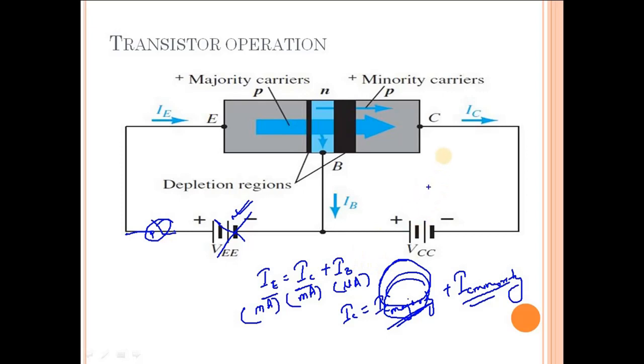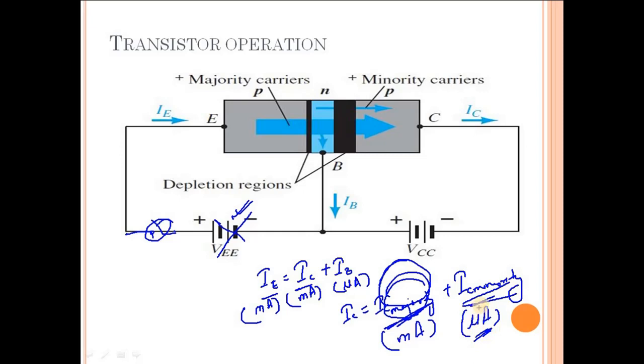So hence we can say this IC is contributed by IC majority and IC minority. IC majority is in the milliampere range, and this IC minority is in the microampere range.